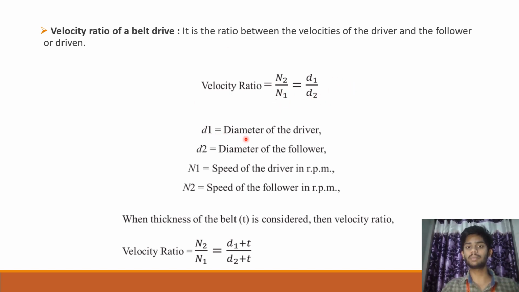D1 means diameter of the driver, D2 means diameter of the follower that is driven, N1 means speed of the driver, and N2 means speed of the driven. When the thickness of the belt is considered, then the velocity ratio is N2 by N1 is equal to D1 plus T divided by D2 plus T.